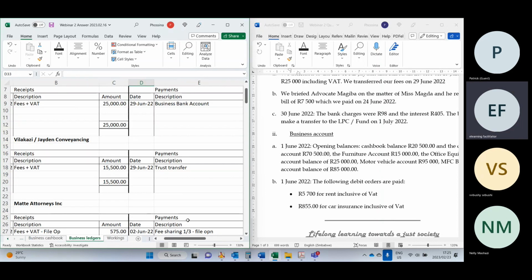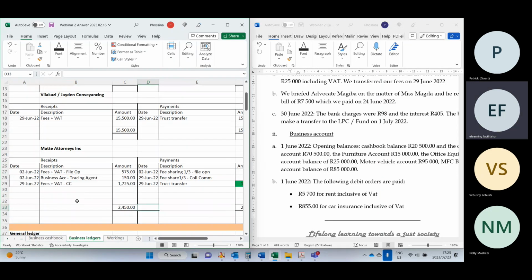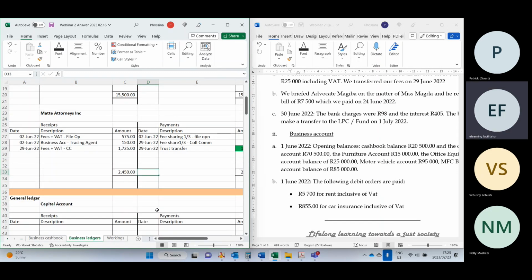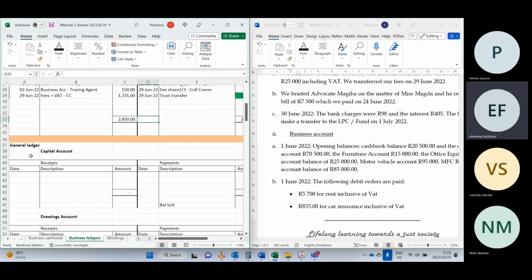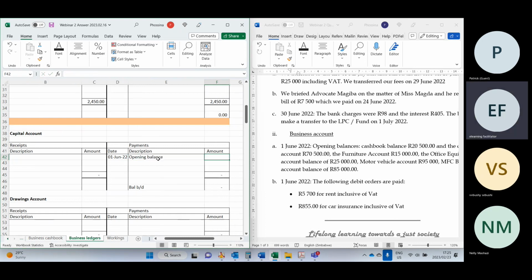We started with our debtors, which we recorded and finished. We've recorded most of the transactions there. And then we go to the general ledger, where we find the capital account. We are told that on 1 June 2022, the capital account had an opening balance of 70,500, like that.